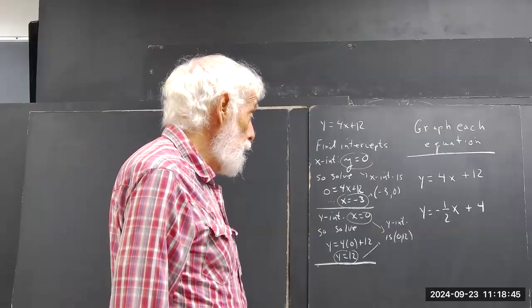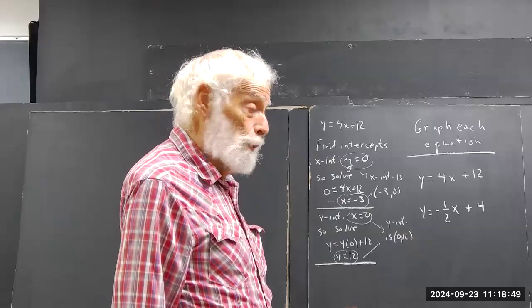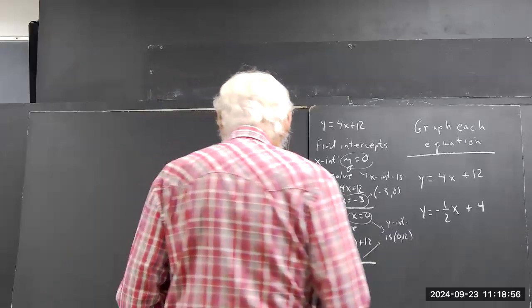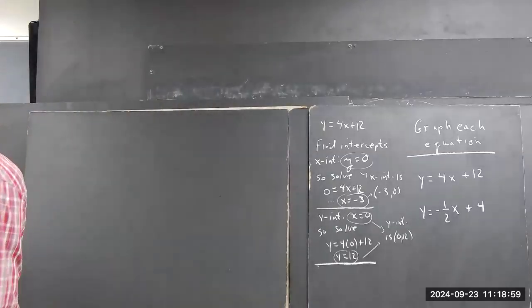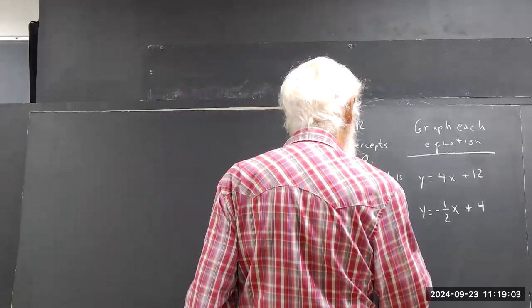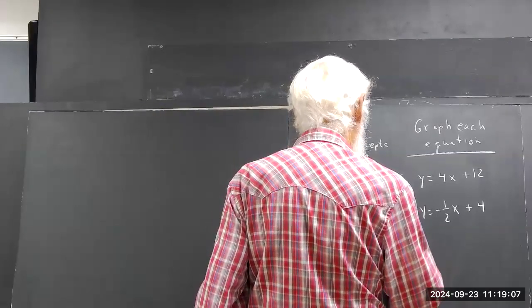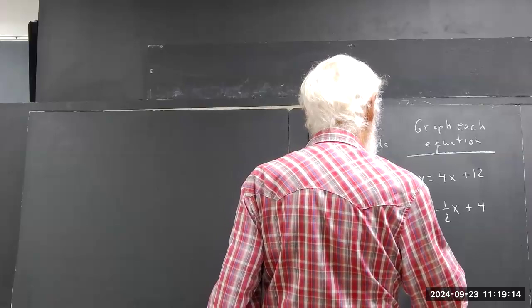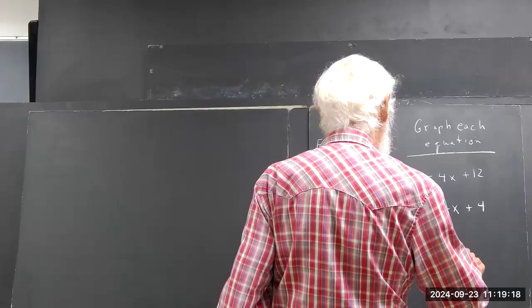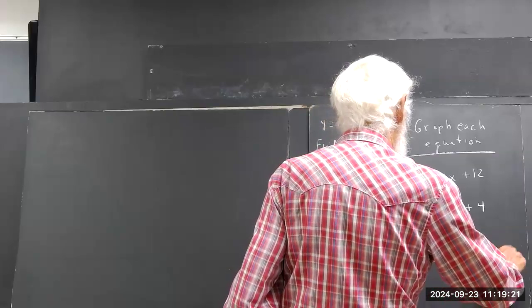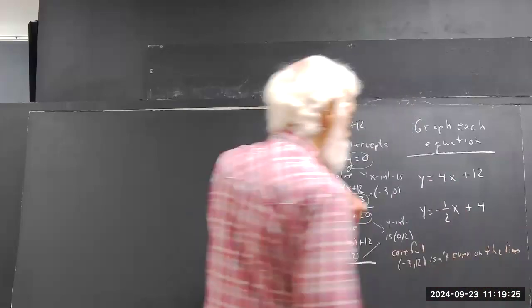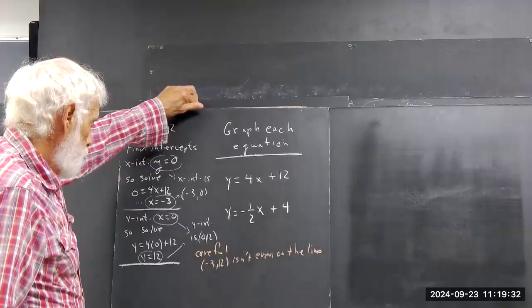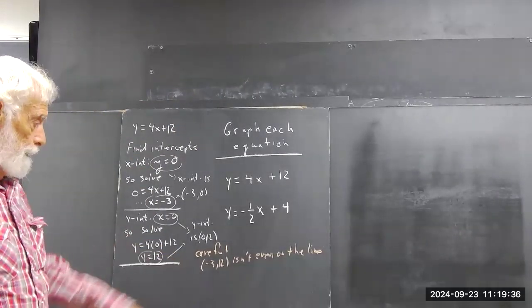Now, fully half the class plotted one point at (-3, 12), which isn't even on the line. Careful.